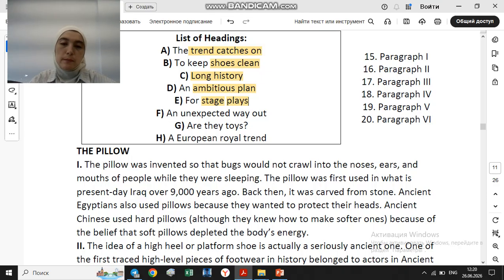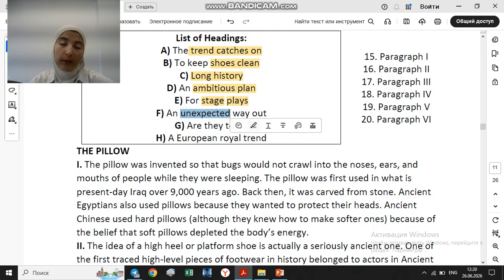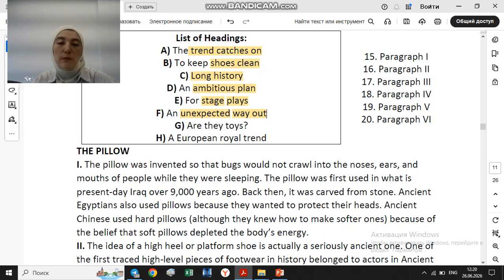Next one is unexpected way out. Unexpected means sudden, the one we haven't ever thought about, and way out means solution. I'll try to give some definitions for the words if you don't know, and please try to find out these words with your own device or books or Google at least, and it gives you a chance to remember them well and make them more active.